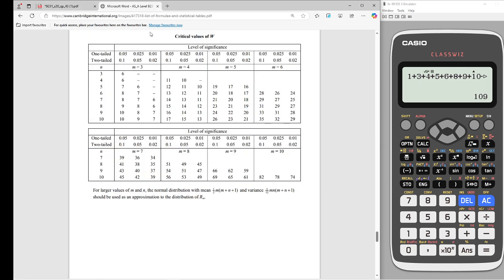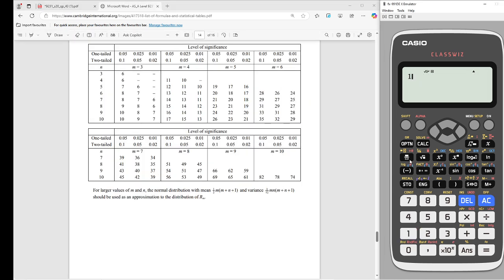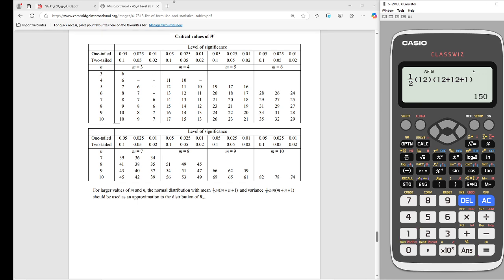E will be 1 by 2 m. M is the number of samples of the first group, which is the lower number of group. In this case both are equal, so m can be 12, it doesn't matter. So 12 multiplied by 12 plus n being the other 12 plus 1, which is equal to 150.